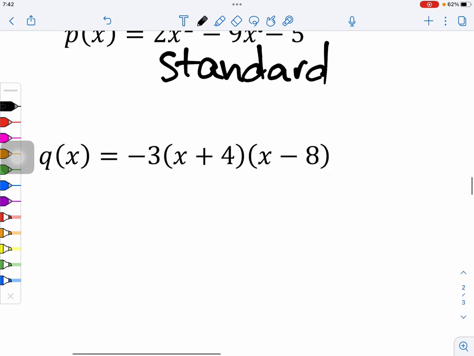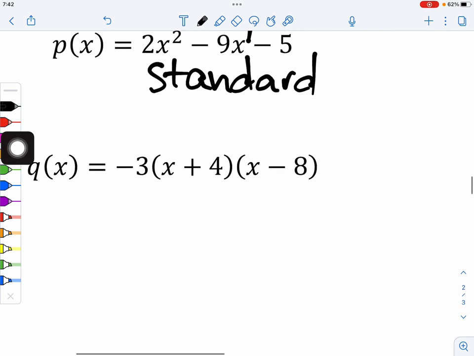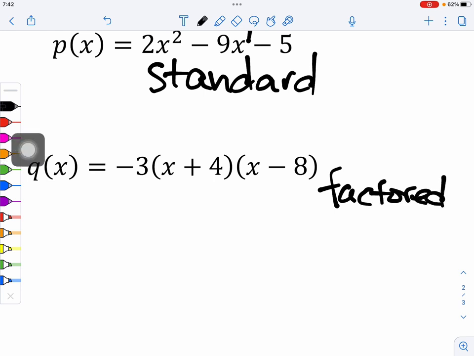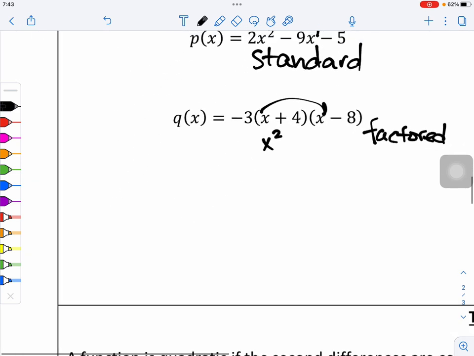And then this quadratic function in factored form, also similarly to that vertex form, so this is our factored form. If I multiply x times x, the first thing that happens is I end up with that x squared. So these three functions have degree 2, which means they are quadratic.